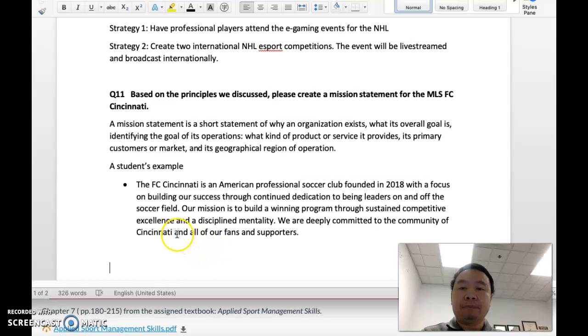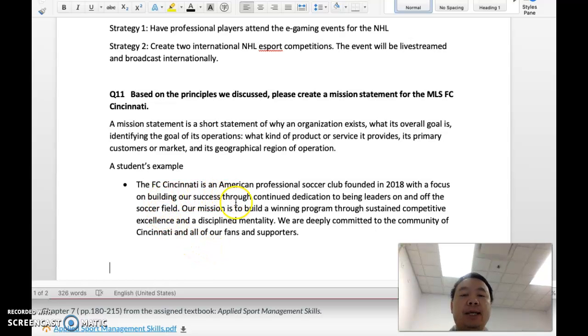They say: FC Cincinnati is an American professional soccer club founded in 2018 with a focus on building our success through continued dedication to being leaders on and off the soccer field. Our mission is to build a winning program through sustained competitive excellence and a disciplined mentality. We are deeply committed to the communities of Cincinnati and all our fans and supporters.